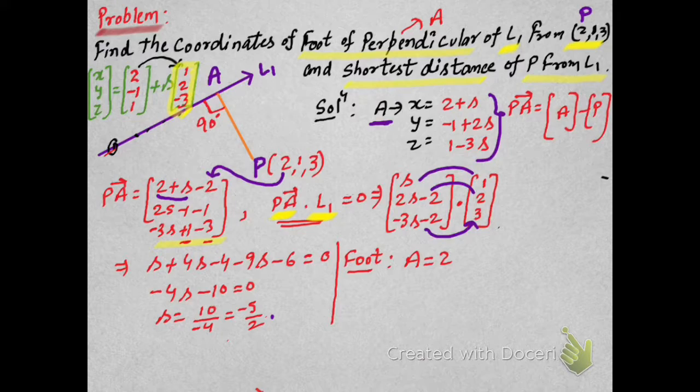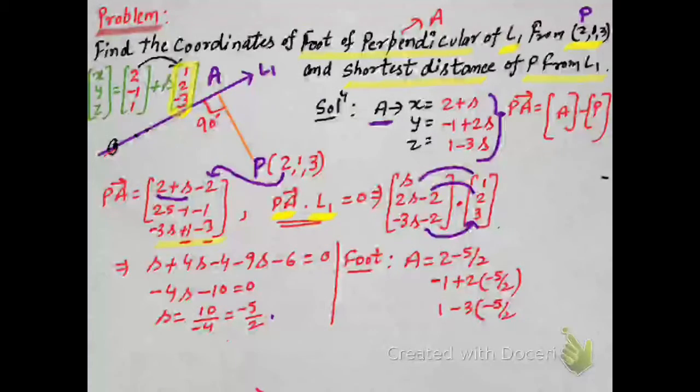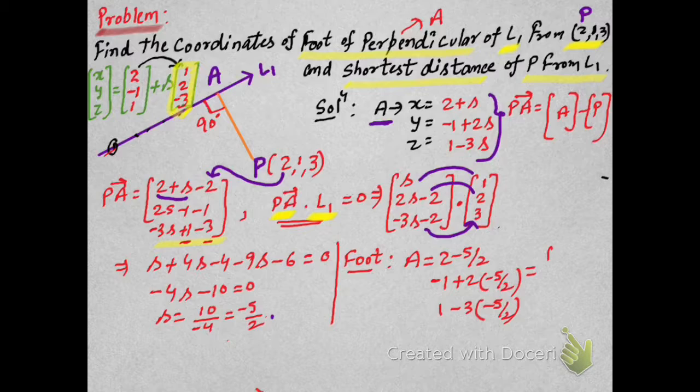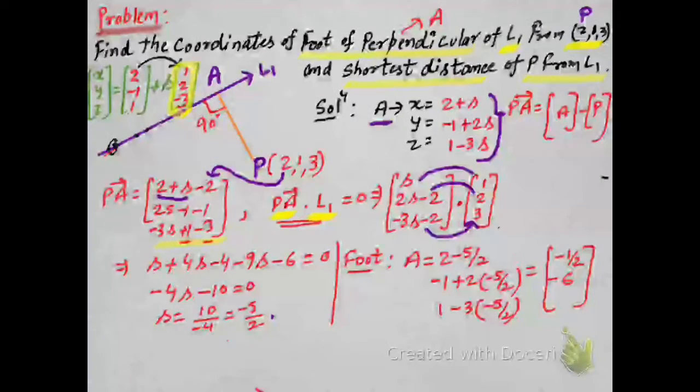So 2 plus S, so 2 minus 5 by 2, and negative 1 plus 2 times negative 5 over 2, and 1 minus 3 times negative 5 over 2. Okay, so I got my A as: 4 minus 5 over 2, minus 1 over 2, which is negative 6, and 2 plus 15, which is 17 over 2.